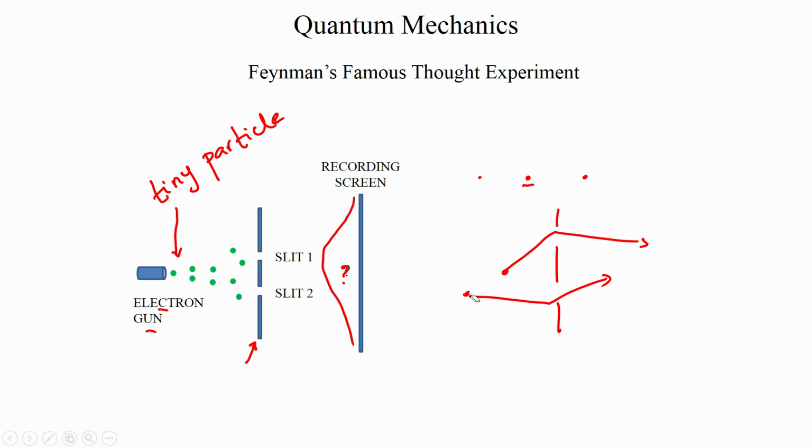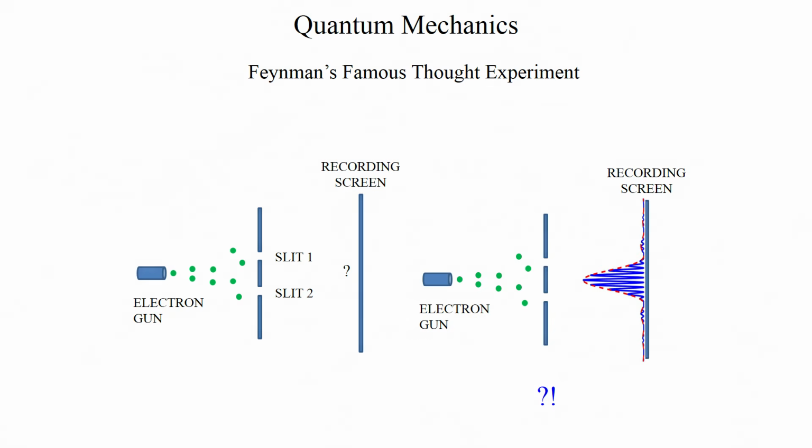But the reality is quite surprising. Okay. If you were to do this experiment, what you would see is a distribution that looks more like the manner in which the waves behaved as compared to the bullets. Okay. And that is not intuitive, and this is a puzzle because we were to believe that the electron went through only one slit at a time, right.